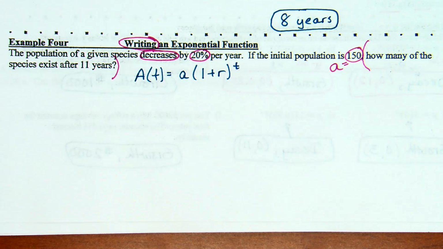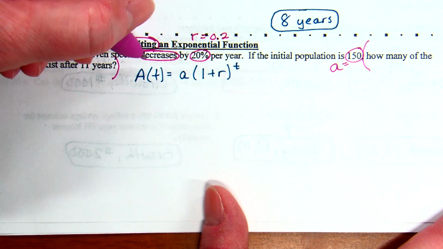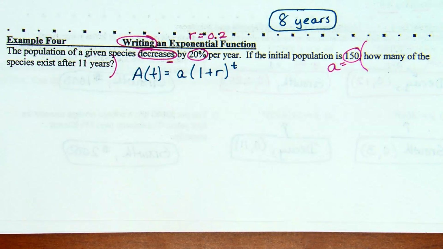Decreases by 20% per year. What is that? I think it's subtraction. So my R value is going to be 0.2. Since it decreases, when we set up this problem, yes, we will be subtracting. And you could, if you want, write R as negative 0.2.